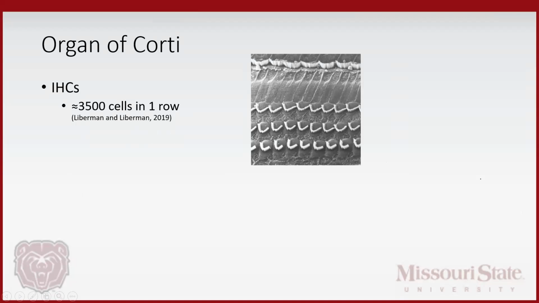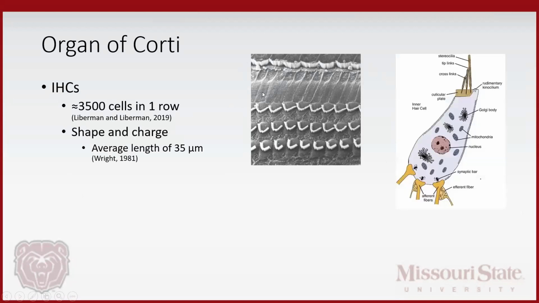Now, the organ of Corti also has another important cell structure, the inner hair cells. The inner hair cells are arranged in one row, down, back over here. And on average, we have close to about 3,500 cells within that row. They're a little bit different than the outer hair cells. They're more flask-shaped cells, and on average, they are about 35 micrometers in length.